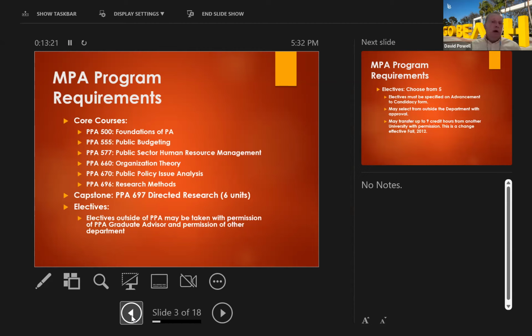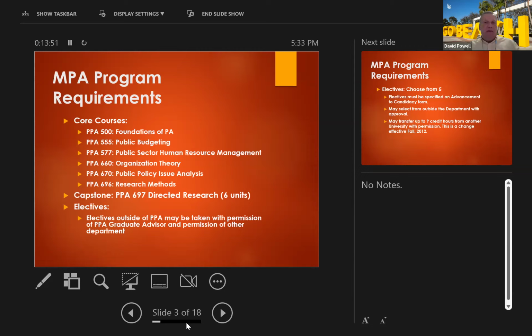As long as it's an undergraduate microeconomics course, that will be good enough to then qualify you to take public budgeting. If you don't have an undergraduate microeconomics course, then you can take PPA 518, Microeconomics for Public Administration, and that 518 course will then meet the prerequisite for public budgeting, and it can also count as one of your electives. So you can also apply it as one of your 5 electives.